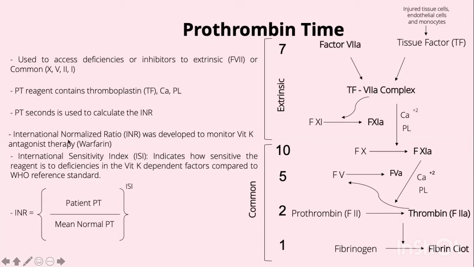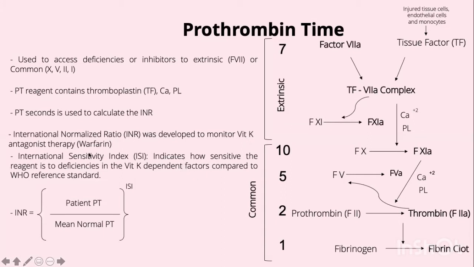INR is the International Normalized Ratio, and it was developed to monitor vitamin K antagonist therapy, which is warfarin. Warfarin is an anticoagulant that acts on vitamin K dependent factors, competing with vitamin K for the coagulation factors.